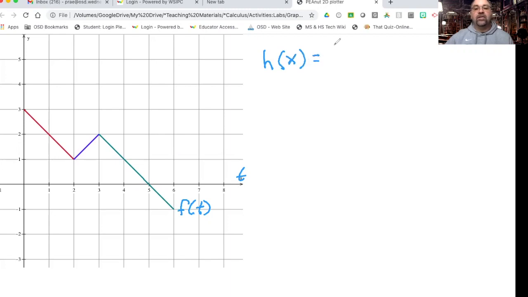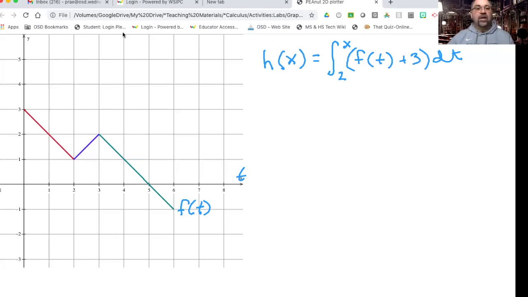And h of x is going to be the integral from 2 to x, just like g, of f of t. But here's what I'm going to do. I'm going to add 3 to our function. So what is really happening is that this whole thing here is going to get lifted up 3 units, right?